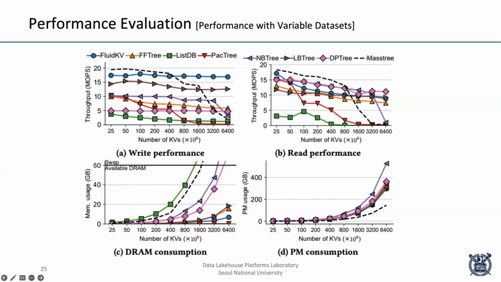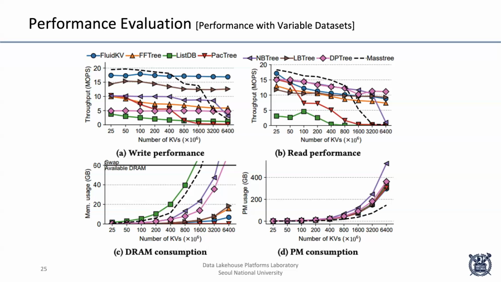The DRAM consumption in here, figure C, shows that mass-tree, listDB, MB-tree, and DP-tree have a much larger memory footprint than other baselines. And here they will run out of DRAM to store the key value grained index. So the reasons for this are different. For mass-tree and DP-tree, they use a large DRAM to store the key value indexes.